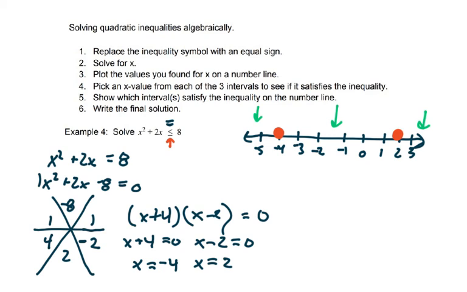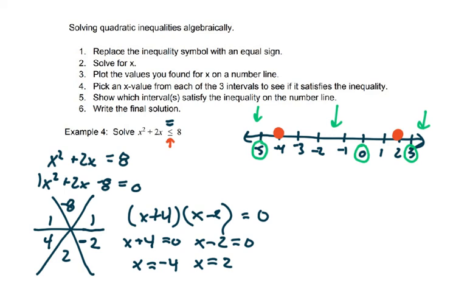And we are going to test a number from each of those. So I'm going to test negative 5, 0, because it's just math is easier that way, and 3, and see if it's true. If it is true, then I'll have a spot on the number line shaded in. But if it's not true, then we will not shade that part in.